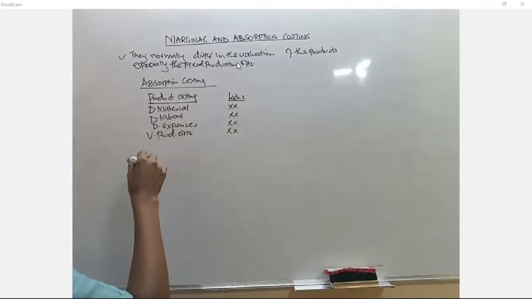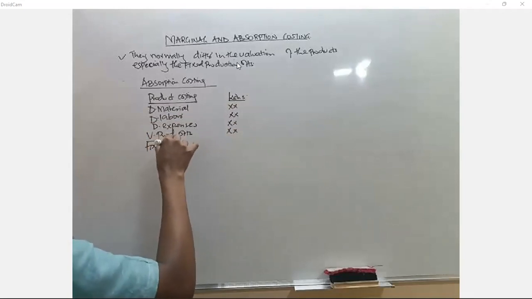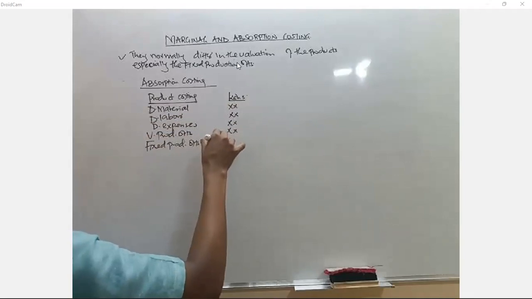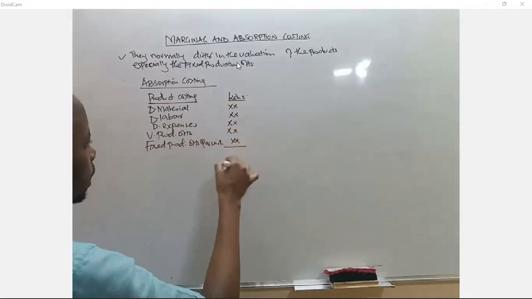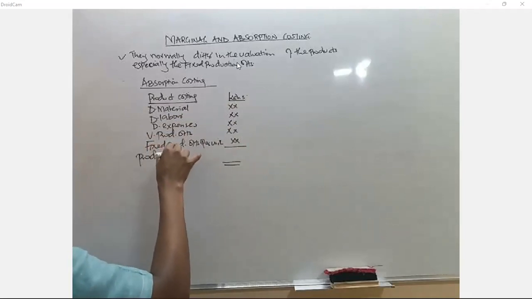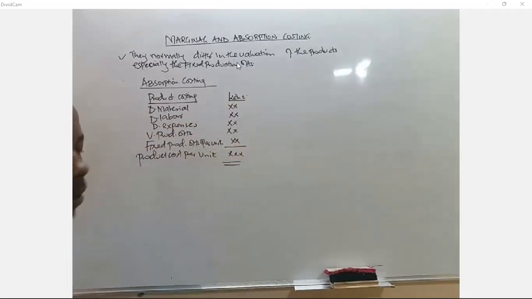Then the last thing that you're going to be factoring in is normally called the fixed production overheads. And remember, it should be per unit, because here we normally calculate the product cost per unit. We put it there.